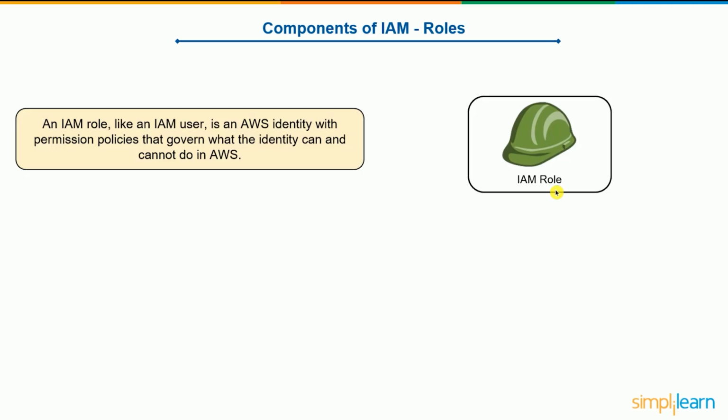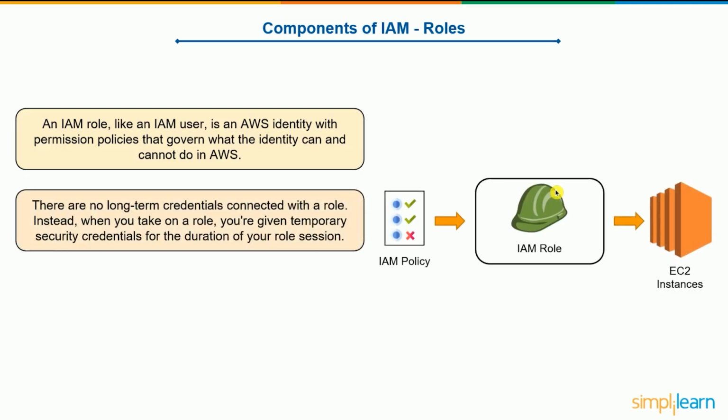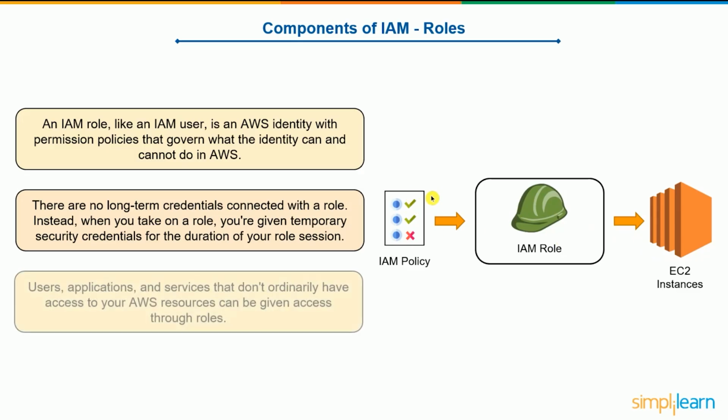So here we have no long-term credentials that are connected to a role. You do not assign a role to a user. The user or service will assume the role via API call via the Secure Token Service, STS. And with those temporary credentials, we'll then be able to access, for example, an EC2 instance if the IAM policy attached to the IAM role says that you can do so.